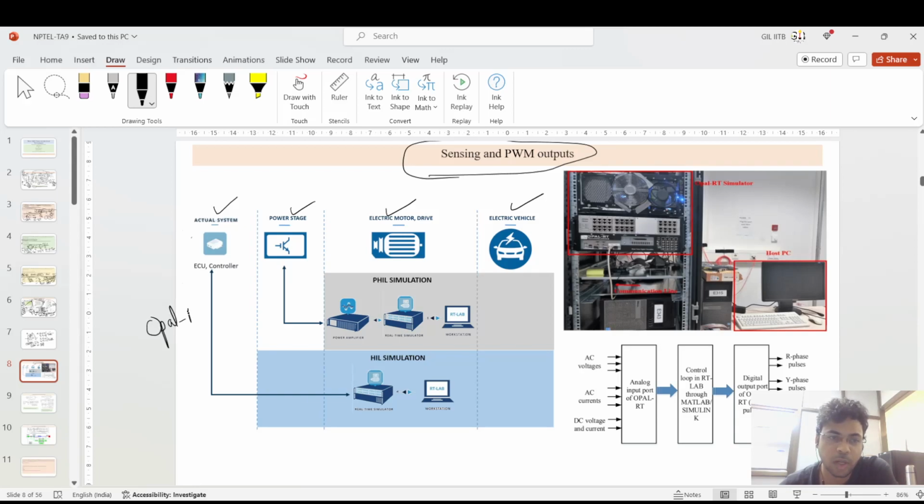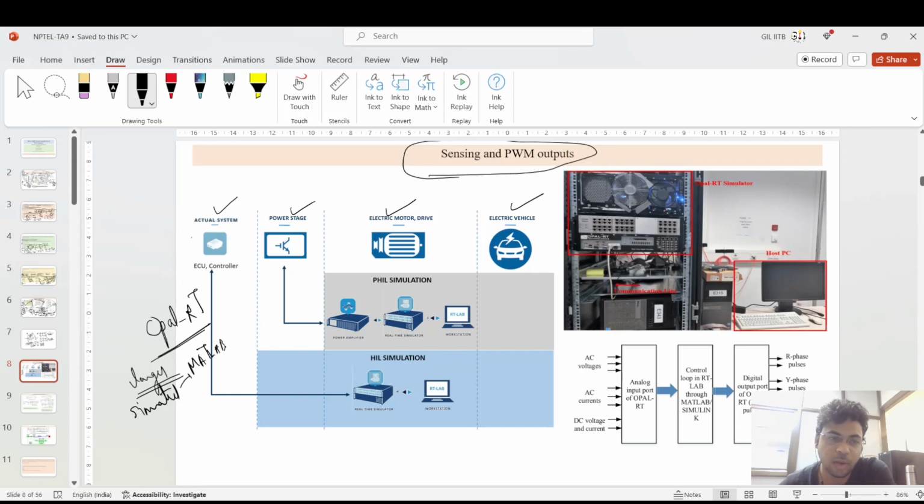There is one real-time simulator used for research purposes, that is OPAL-RT. Suppose you have a large system which you cannot physically operate, or you cannot see the changes it can make in the physical world.